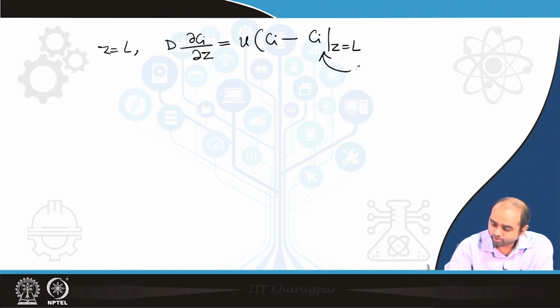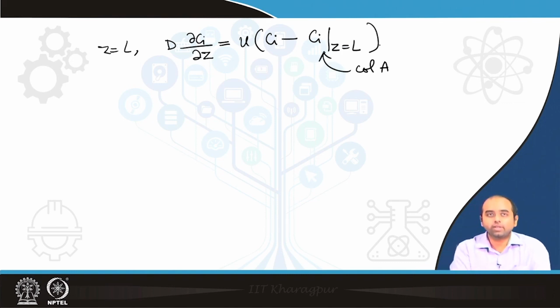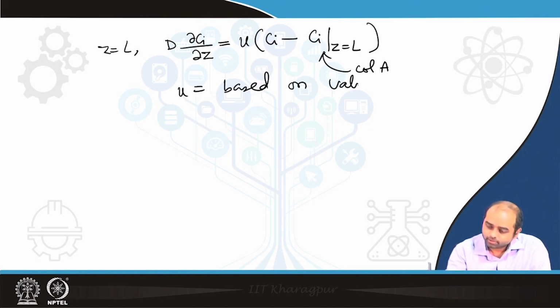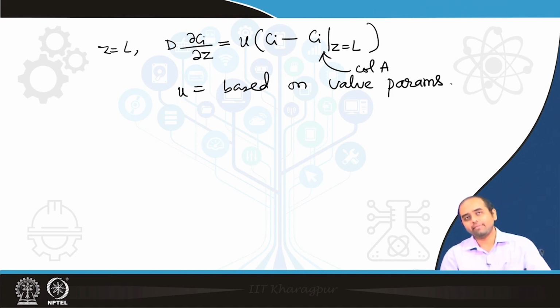And here it is for column A, because column A is providing equalization to column B, and here also the U is non-zero and based on valve parameters, right. So, the same goes for step 4, step 5 and step 6, where the conditions will be just reversed for column B instead of column A.